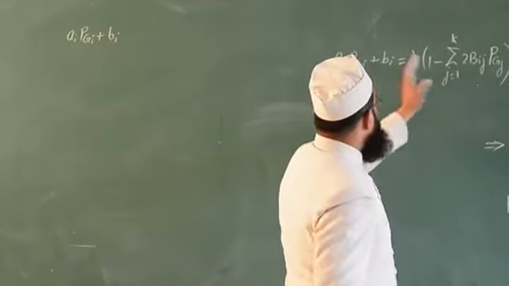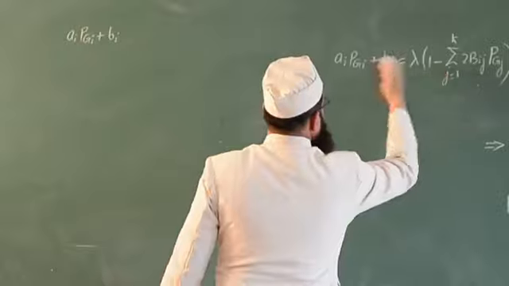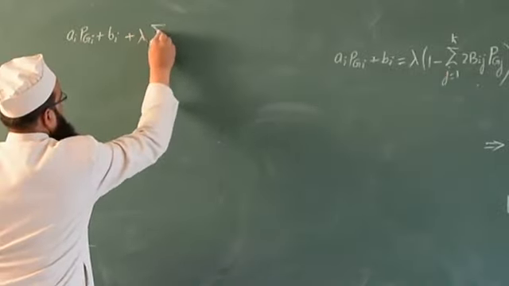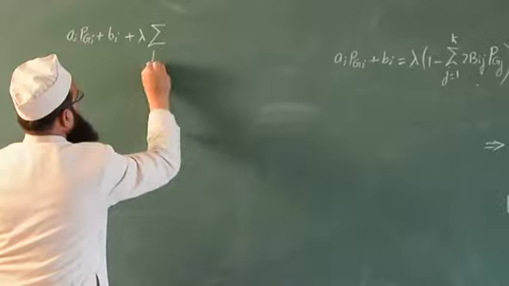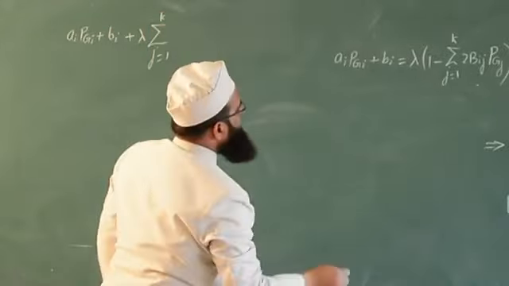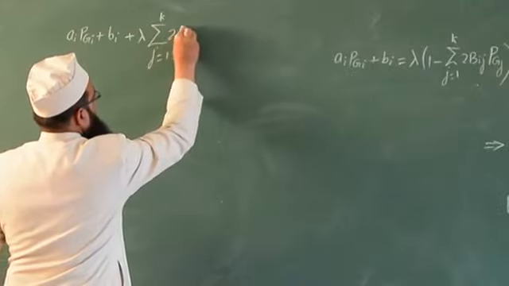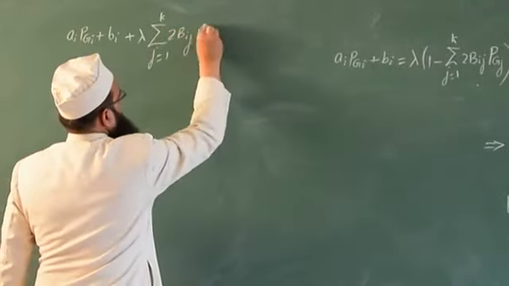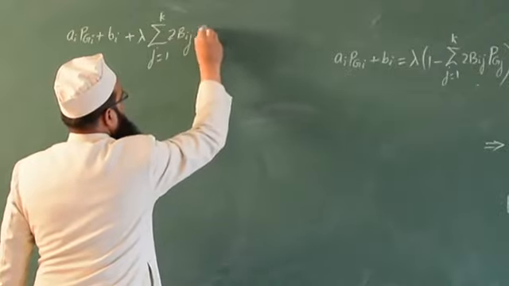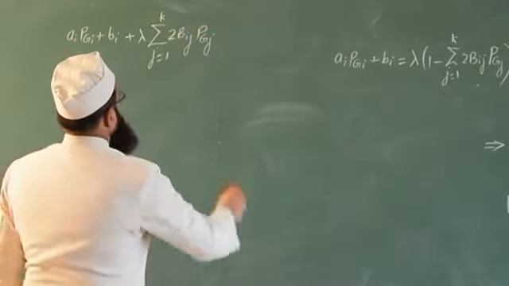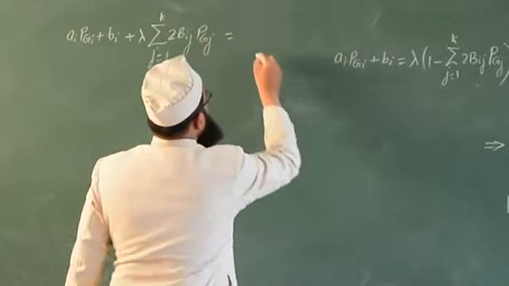Take this one this side, so this minus will come, plus lambda summation j is equal to 1 to k, 2 Bij PGj, is equal to lambda.